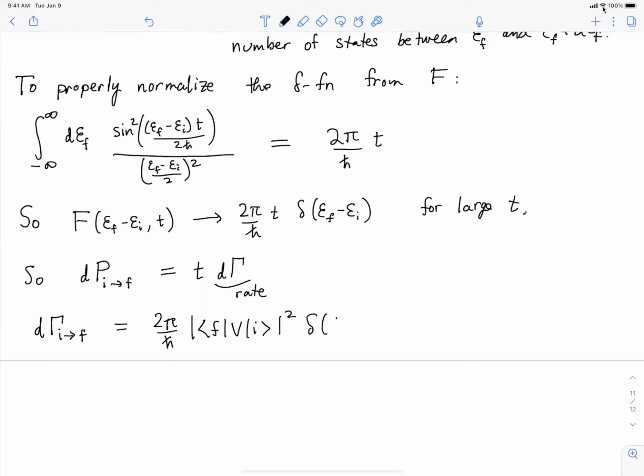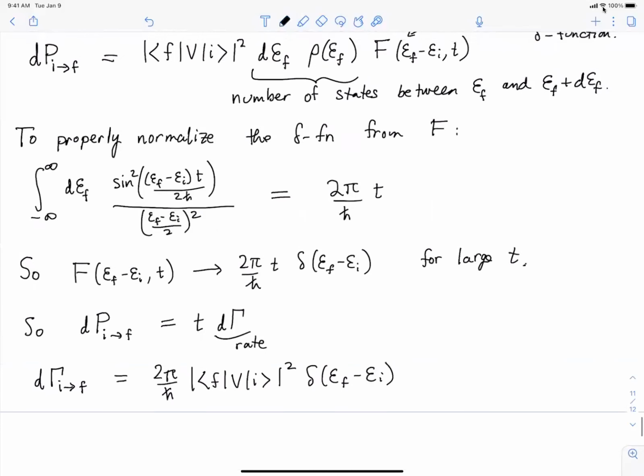That's saying at very late times, the initial energy and the final energy have to be the same. And then what else do we have? We have back up here our density of states and our differential of energy that we're supposed to integrate over.